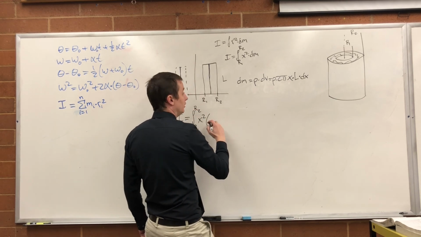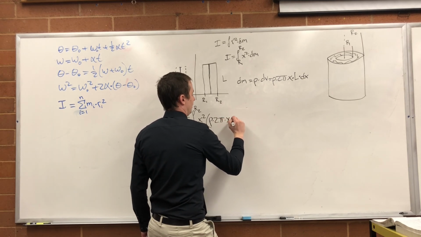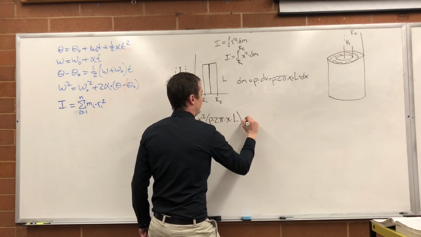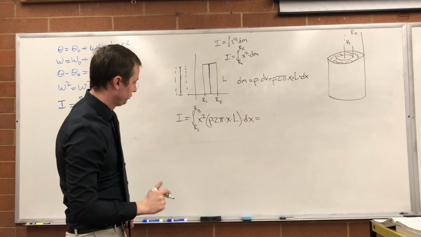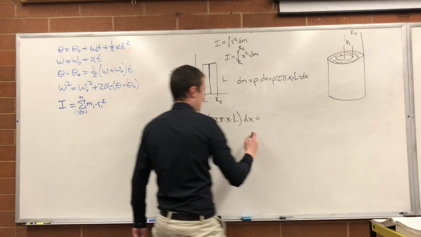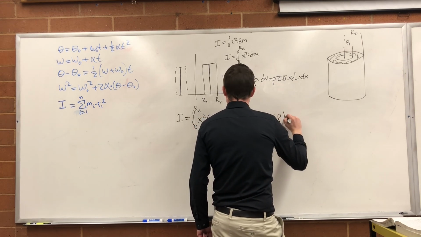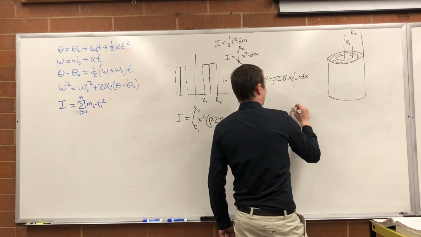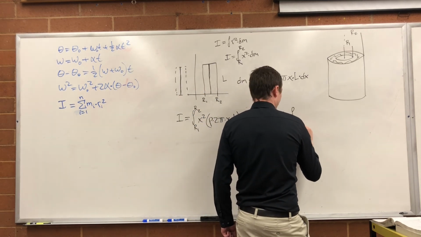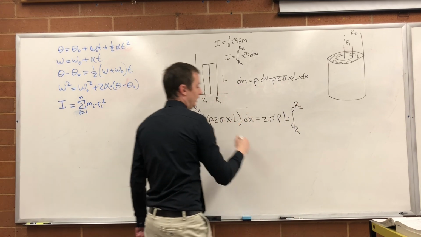So we have rho times 2 pi times x times L dx, right? Now we have an absurd amount of constants. Let's pull out all our constants. So I'm going to write my 2 pi first, then my rho, then my L. Those are all just constants, times the integral from r1 to r2 of x cubed dx.